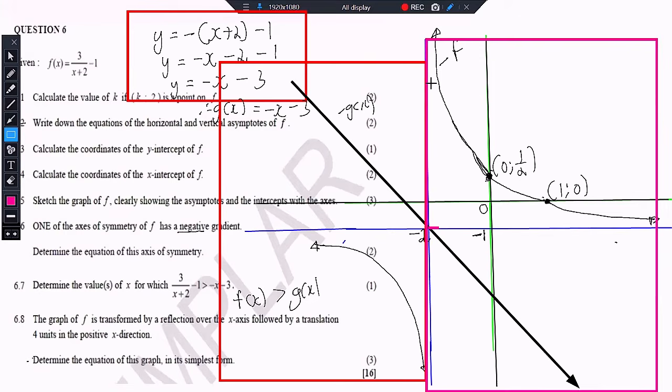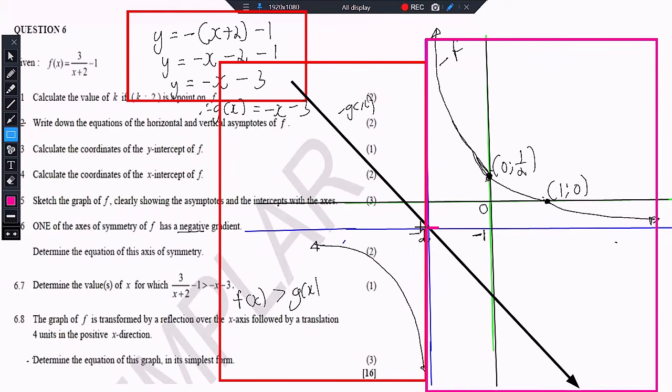The hyperbola function is above the straight line function. So that means this only starts to exist when x is greater than negative 2. So for all the points where x is greater than negative 2, the negative 2 being the asymptote, it cannot be included as a critical value. So it's for all the values where x is greater than negative 2.